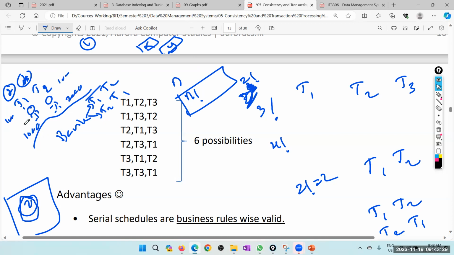The end result, whether T1 T2 or T2 T1, is that this guy's account now has 900, this guy's account now has 1,900. Whether we do T1 T2 or T2 T1, the end result is the same. So now I need an example where T1 T2 may give x balance, but T2 T1 gives y balance, which is a different balance.